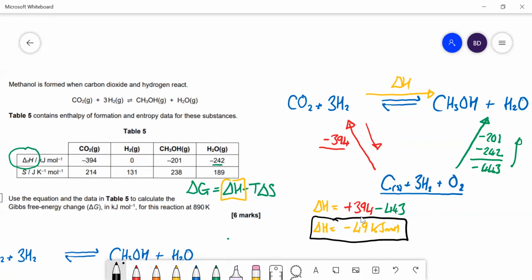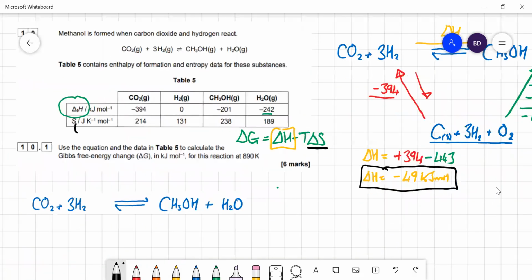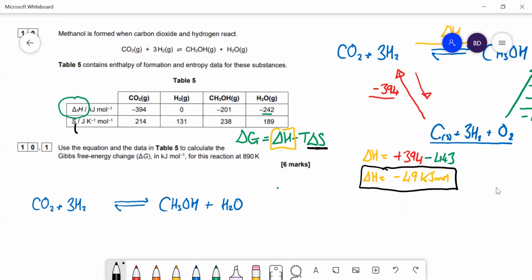Now we need to work out the entropy change from these S values. Okay, so we've got to work out delta S now. Right, so delta S, what we need to do is subtract the entropy of the reactants from the products. So let's work out the entropy of the products. Well, we've got 1 water, so that's 189. And we've got 1 methanol, so that's 238.